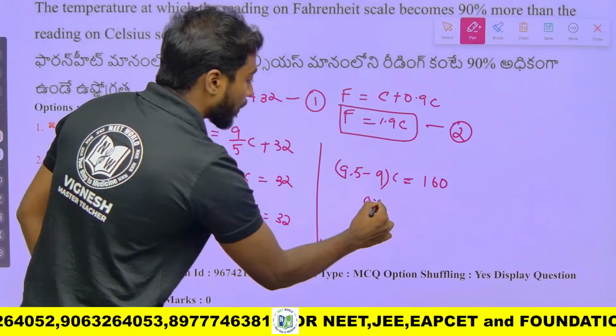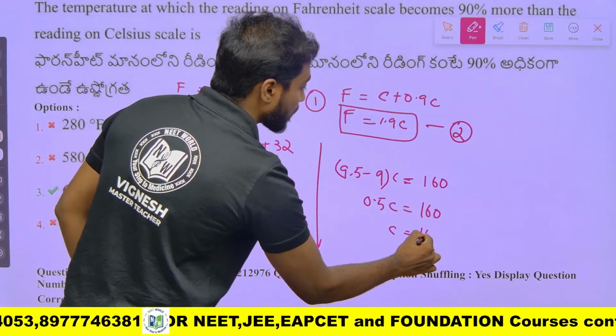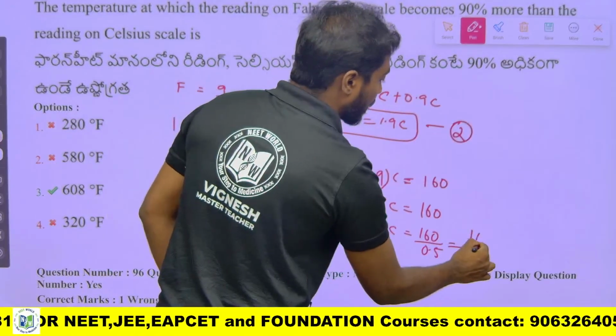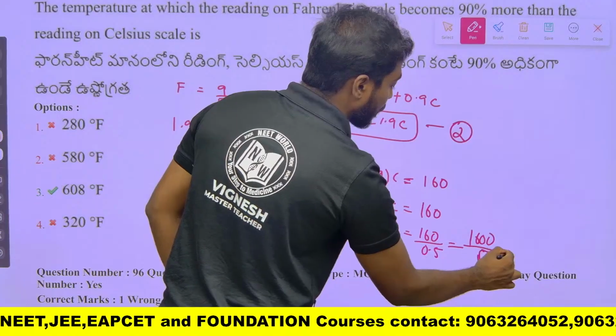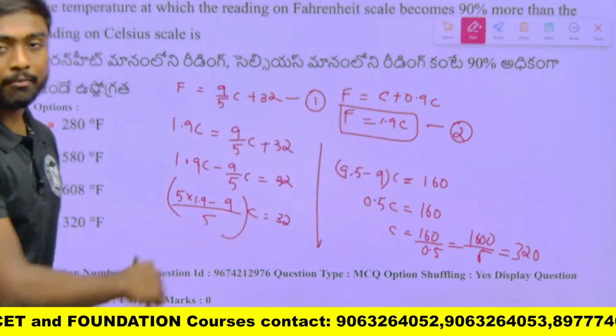So 0.5 C is equals to 160, where C is equals to 160 divided by 0.5, which is 1600 divided by 5, which is 320. C is nothing but 320.